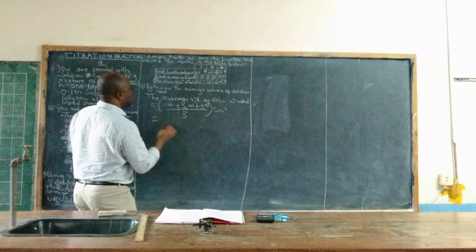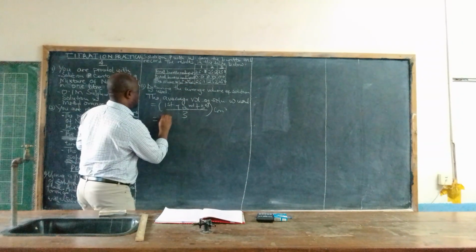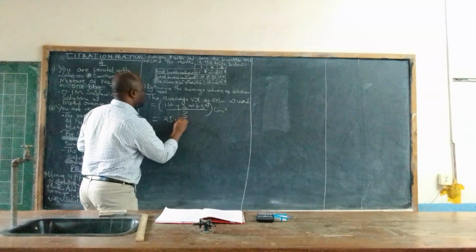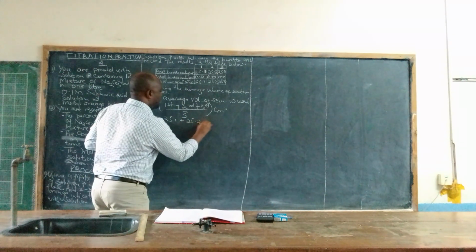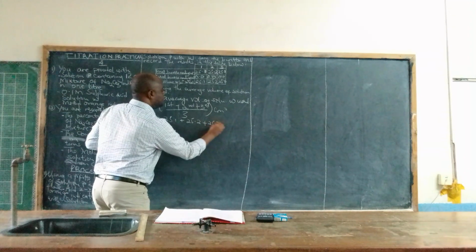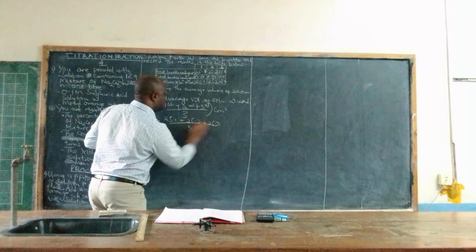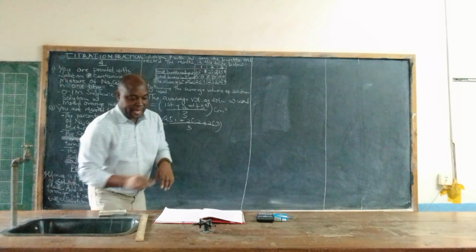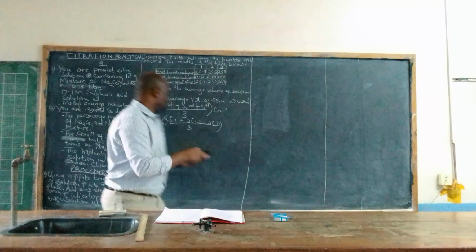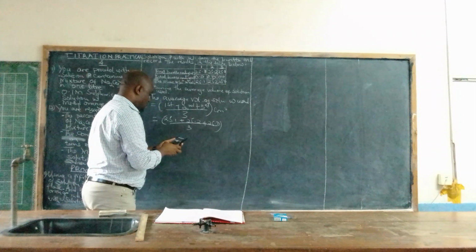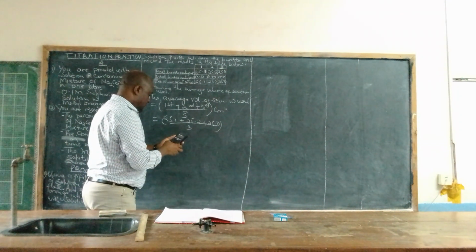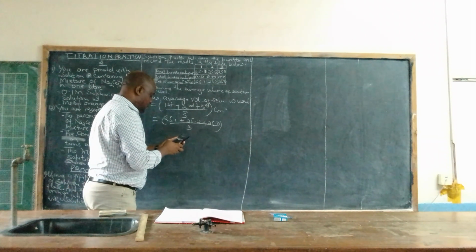So we are going to substitute. We get the first reading at 25.1 plus this 25.2 plus 25.0. Everything is supposed to be divided by 3. So if we do our calculations properly, we go back to our calculator and we get 25.1 plus 25.2 plus 25.0.